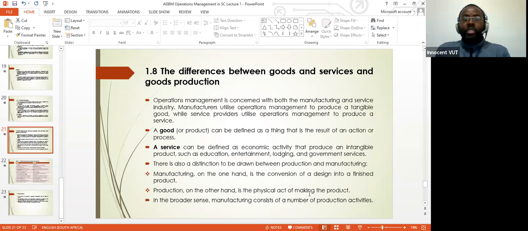So in the broader sense, manufacturing consists of a number of production activities. So we can say production is under manufacturing.